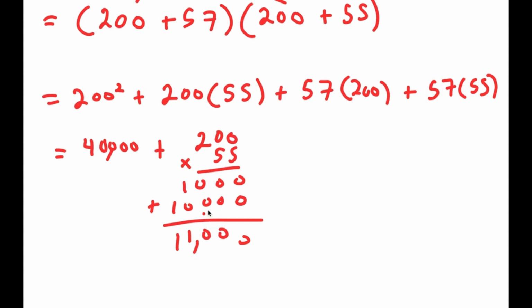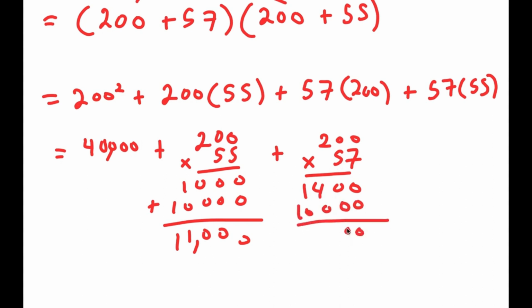So I get 11,000. Plus now 57 times 200, I'm going to do the same thing: 0, 0, 7 times 2 is 14, 0, 0, 5 times 2 is 10, 4, 1, 1. So I have 11,400.